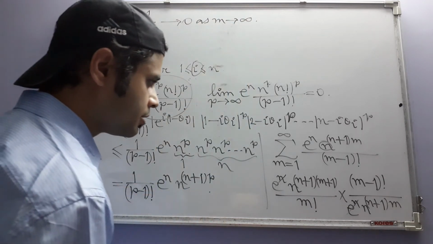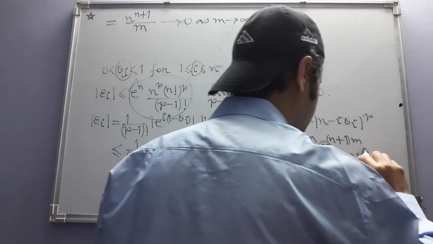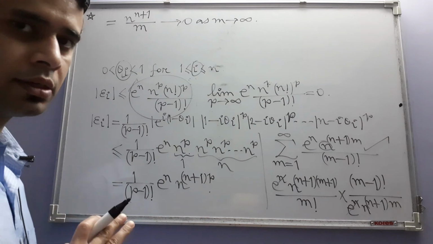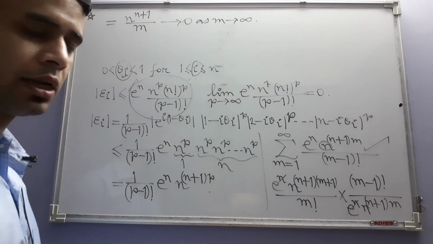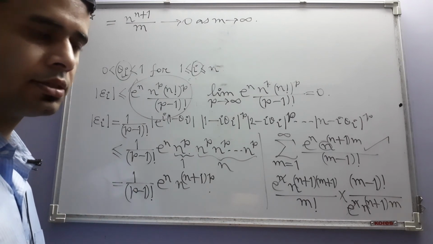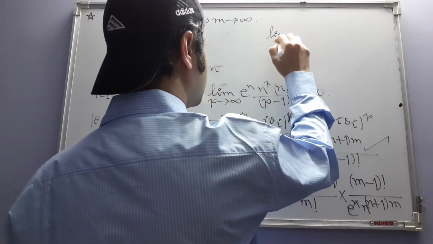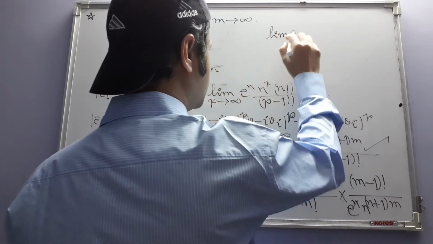So by the ratio test, this series is convergent. And from that convergence and from elementary properties of series of real numbers, we know that this limit is equal to 0.